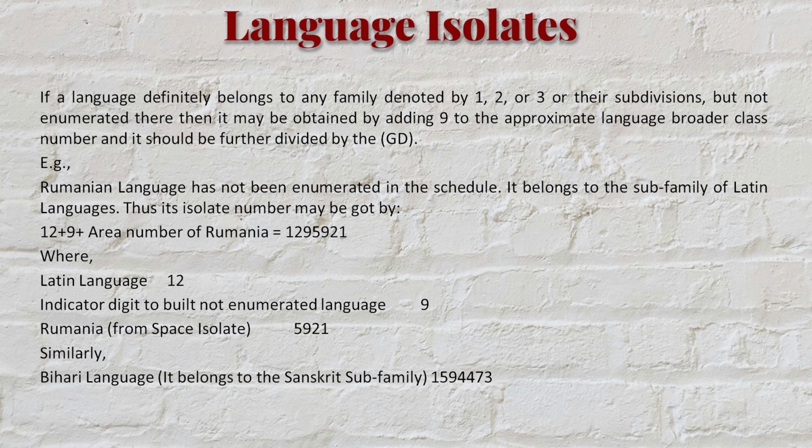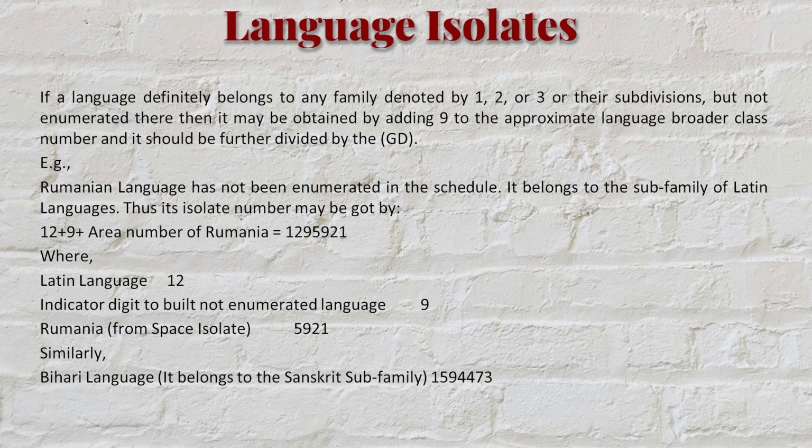As for example, Romanian language has not been enumerated in the schedule. It belongs to the subfamily of Latin languages. Thus, the isolate number may be got by 1 2, that is the notation for Latin languages, then 9, then the area number of Romania.